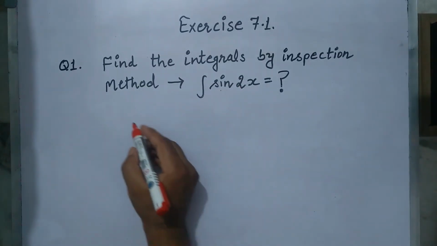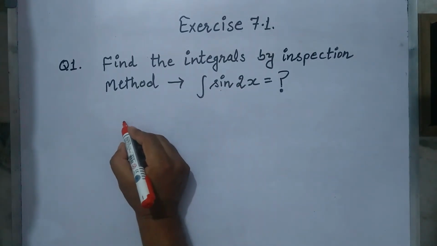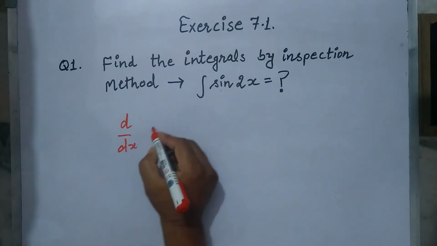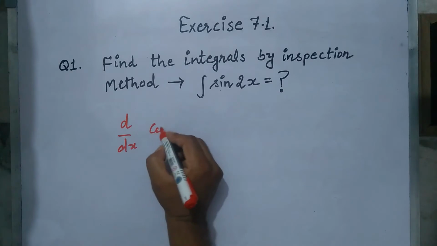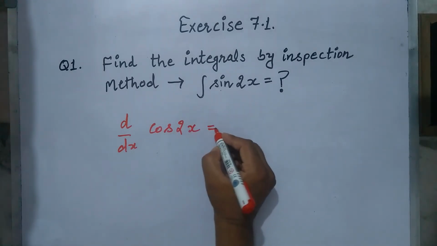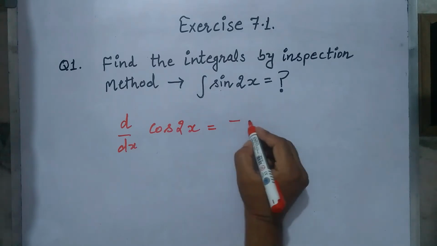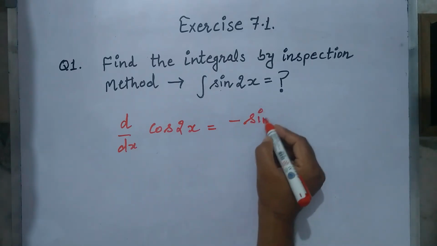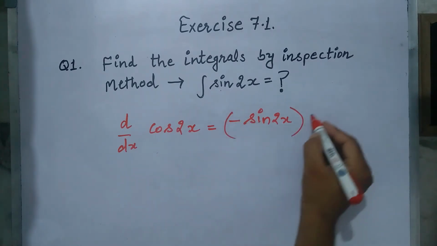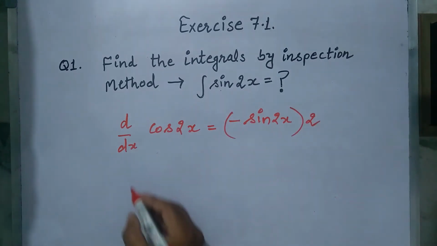So my dear students, first of all, we know that derivative of cos 2x is equal to minus sine of 2x into 2.